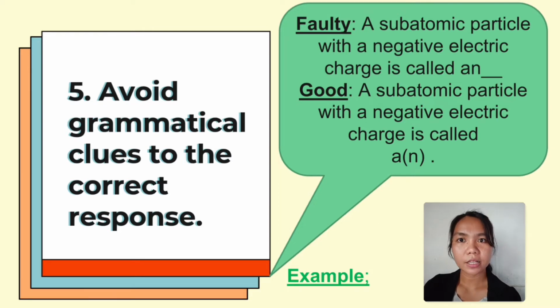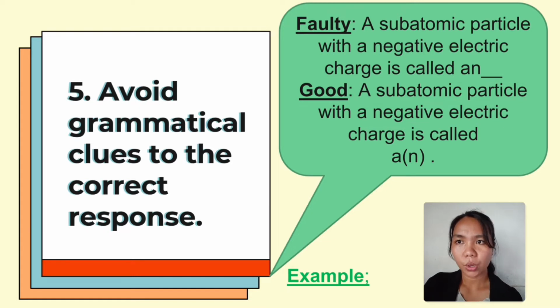So next is a subatomic particle with a negative electric charge is called a blank. So the word "an" here in item number 1 provides the clue that the correct answer starts with the letter A or a vowel. So it should be corrected. So when we are making the fill in the blank, we should see to it that our grammar is correct.